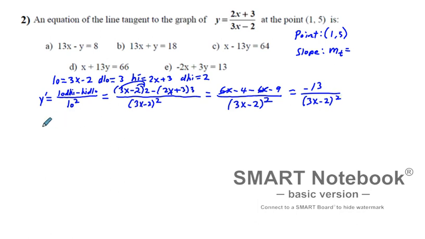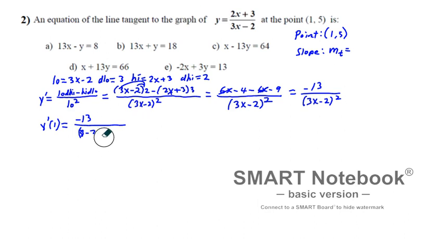Now, we're going to find y prime where x equals 1, and we're going to simply substitute in 1 for x. So if we substitute in 1 for x in the denominator, 3 times 1 is 3, so 3 minus 2 squared.